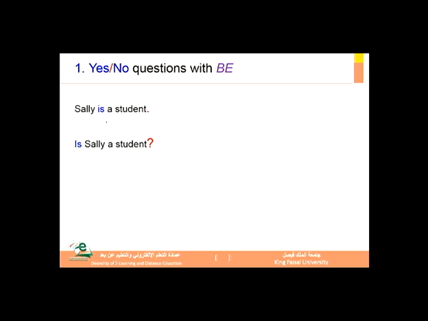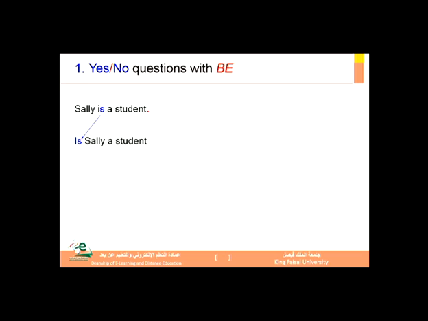So how did the change happen? If you look at this sentence, Sally, which was at the beginning of the sentence, is now second. It came after the verb, while is has come to the beginning of the sentence. So to make a question, you basically put the verb first, then the subject second.